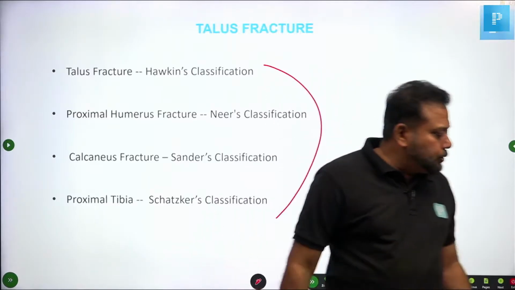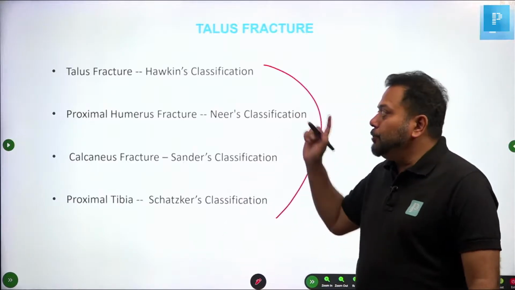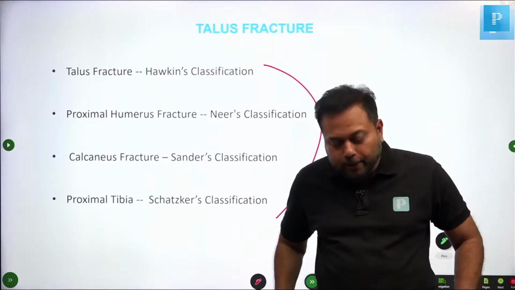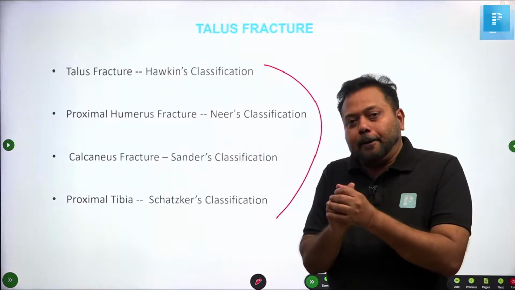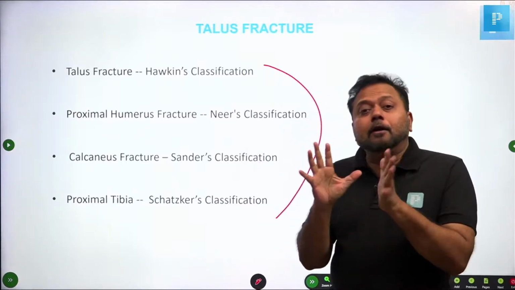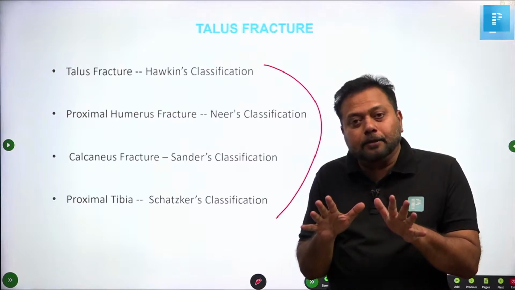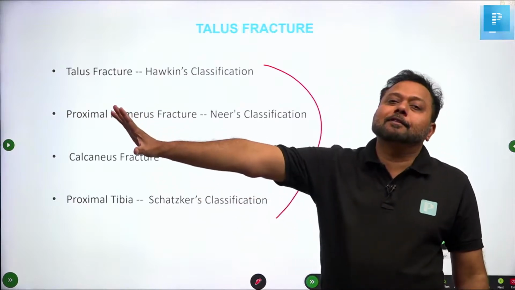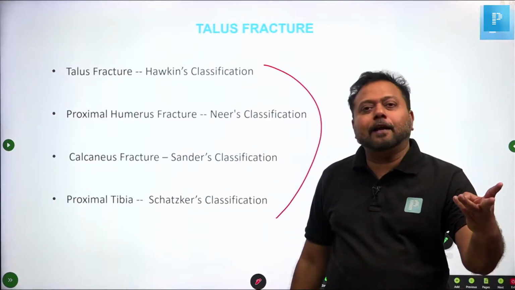Clavicle, Allman, very good. I used to teach my UG students in my college, for a joke purpose, like this: wherever the word Hawkins comes, that question is about talus. Hawkins angle is fracture angle of talus.